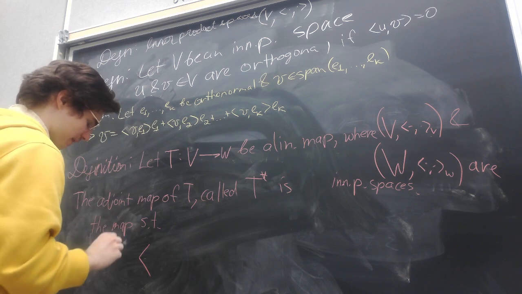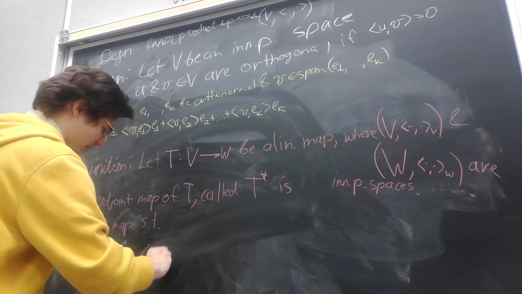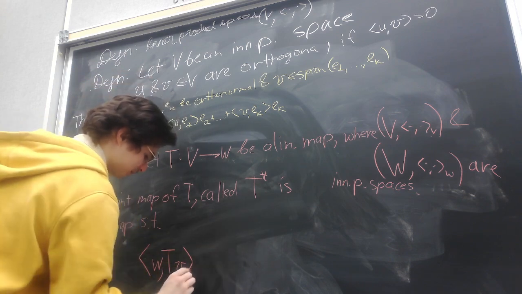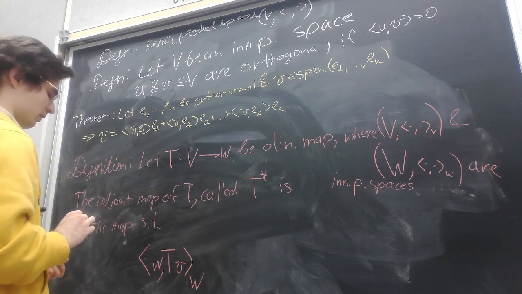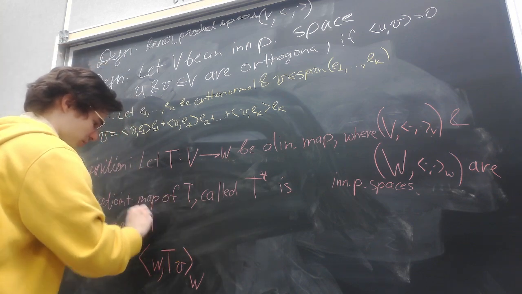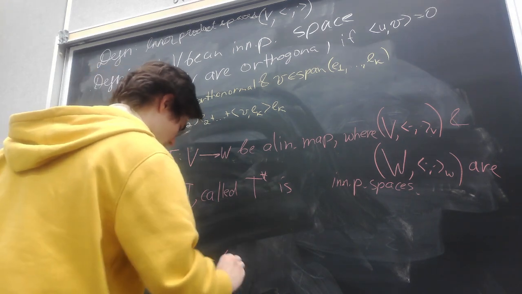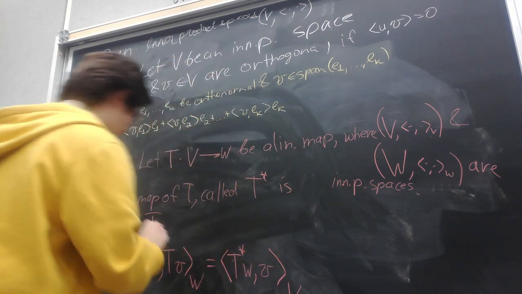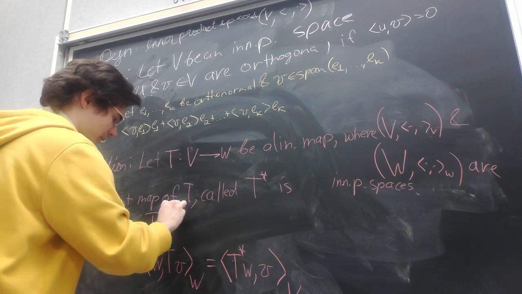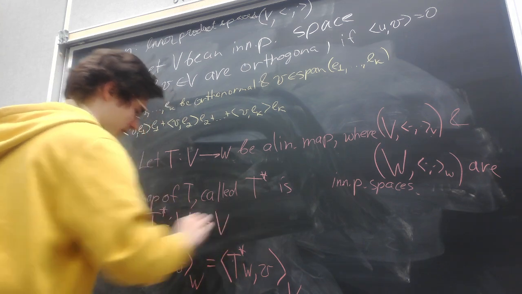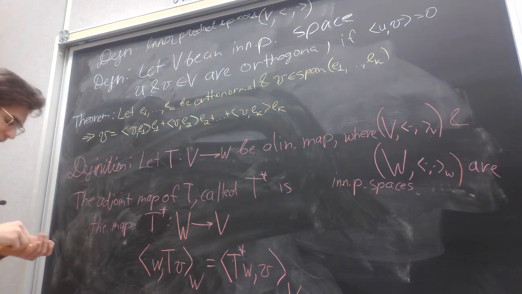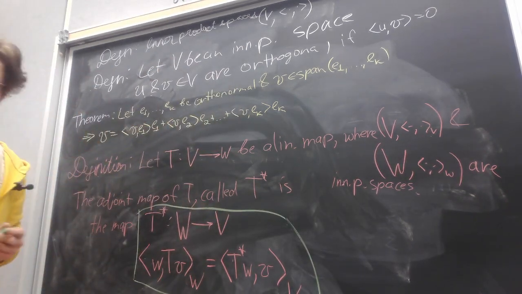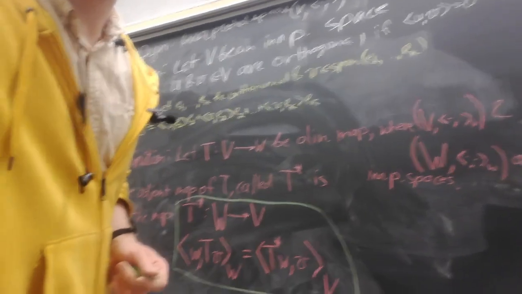The inner product of W with TV, so this is the W inner product, is equal to the V inner product of V with T star W. It's in the V vector space, so T star goes from W to V. And this is kind of the point of this definition.